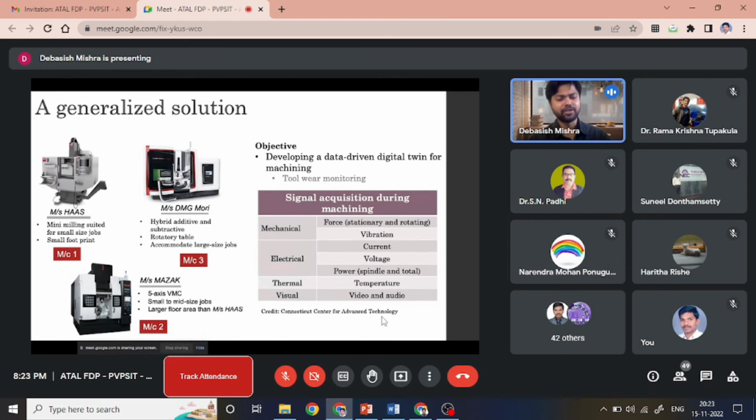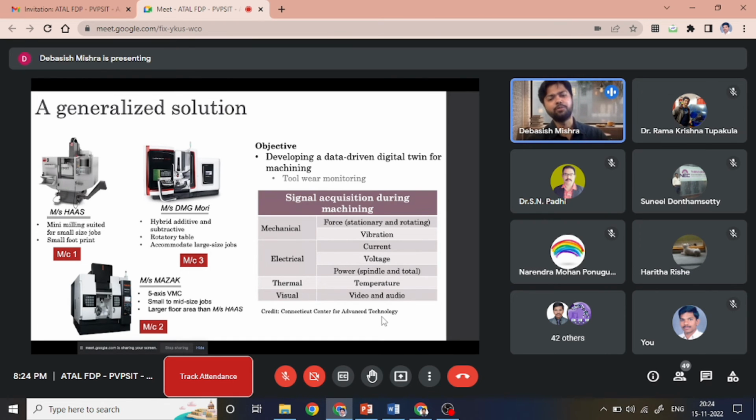Then we have the electrical sensors, measuring the change in current, voltage, the load acting on the spindle, the total power and the spindle power. We have temperature, which is the temperature of the workpiece and also of the cutting tool. And we had video and audio sensor data.